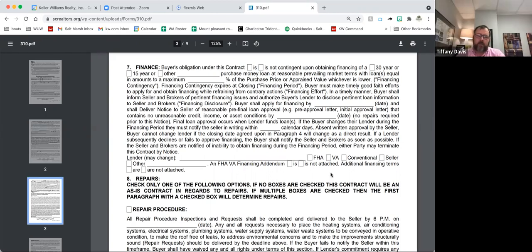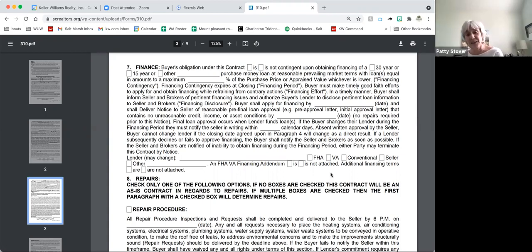Yeah, that's why it's also important to engage with the lender ahead of time, because that would be a question to ask the lender: is this something we can ask the buyer to pay, or does the seller have to pay it? Because that will make a difference for that buyer in a multiple offer situation.